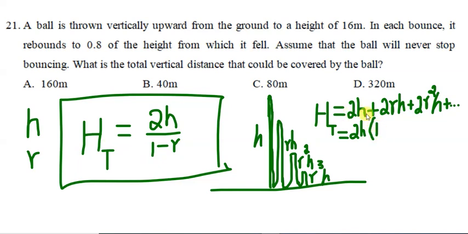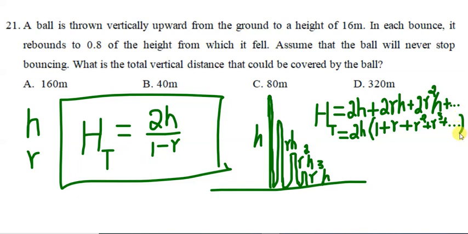Once 2h is common out, it leaves 1 behind, and here it will leave r behind, and also here it will leave r squared behind, and so on. The next one, plus r cubed, and so on. Now this will continue like that.